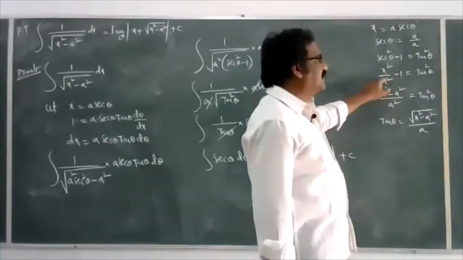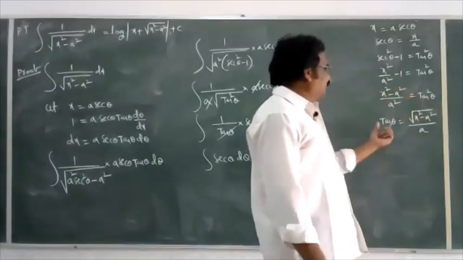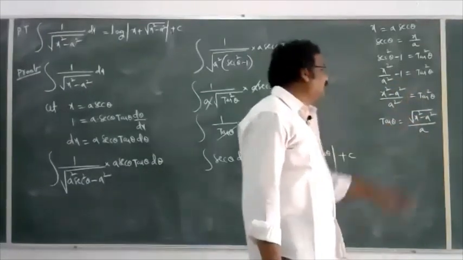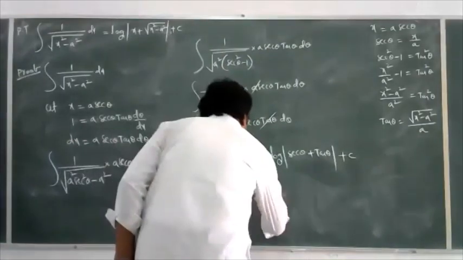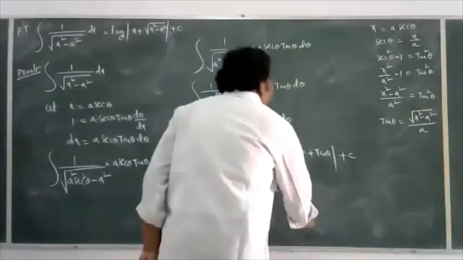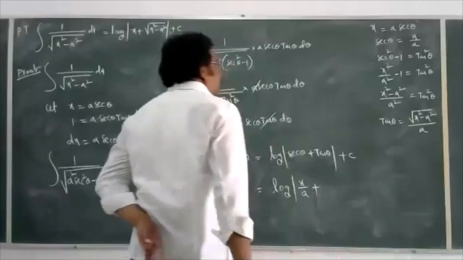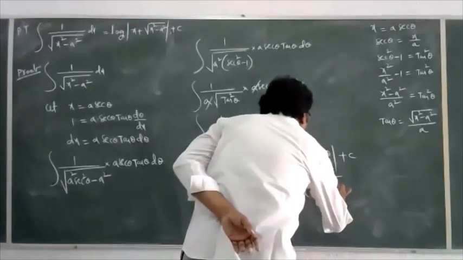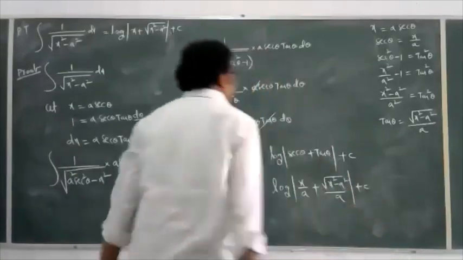Taking LCM, x square minus a square by a square is equal to tan square theta. That is tan theta is equal to root of x square minus a square by a. Then substitute here: log mod secant theta, which is x by a, plus tan theta, which is root of x square minus a square by a, plus c.